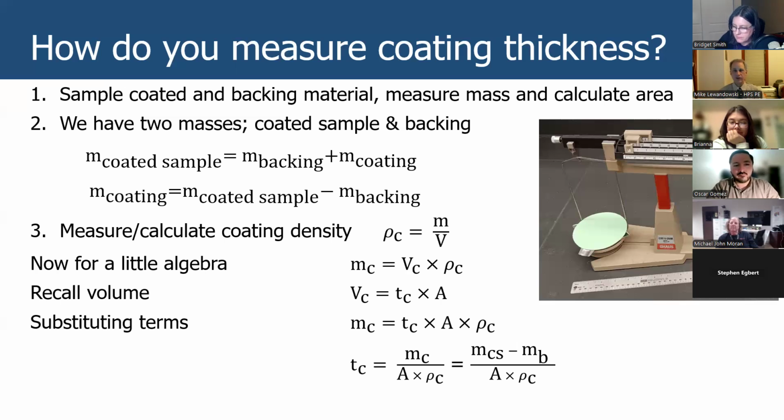So what we need to do is take samples of the coated material and the uncoated or backing material, measure their mass, and calculate the area. One easy way to do that is to cut a circle.